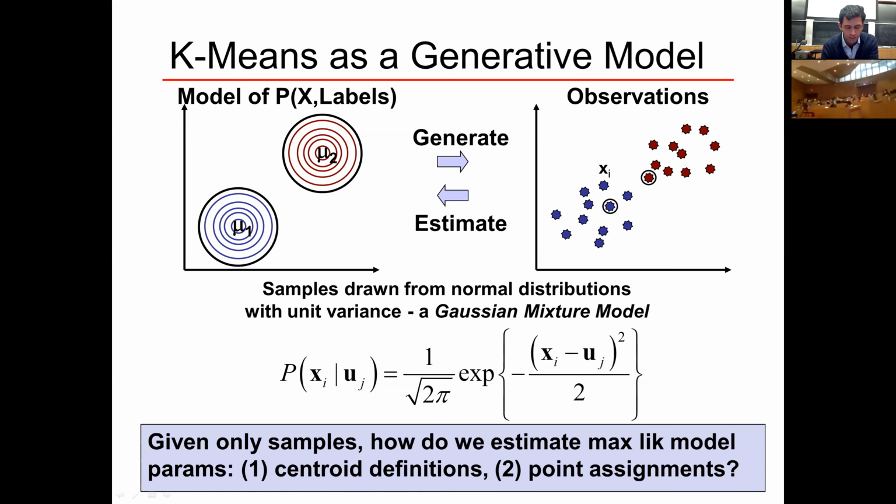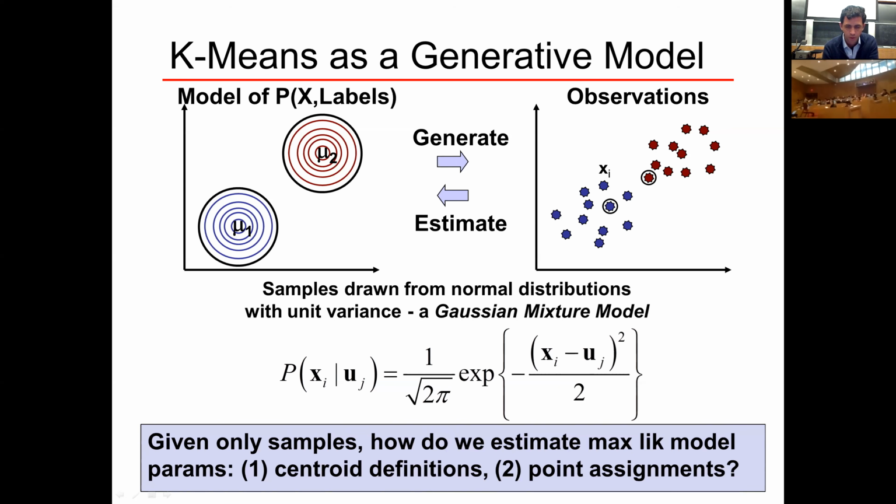And basically, the probability of emitting a particular point X from a particular centroid is simply following exactly the Gaussian distribution. So basically, the exponent of this times that. So given only samples, how do we estimate the maximum likelihood model parameters for the centroid definitions and for the point assignments? So basically now I have a Gaussian mixture model.